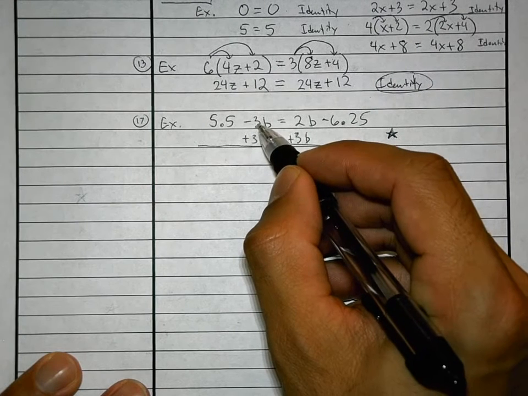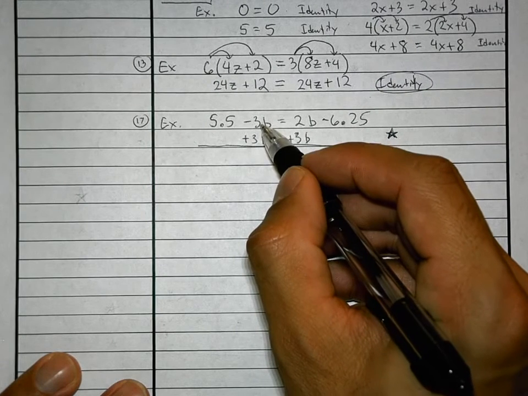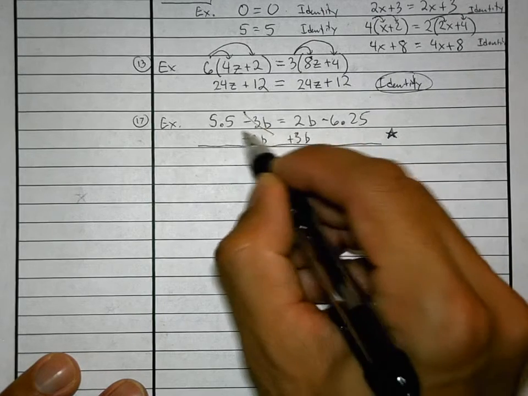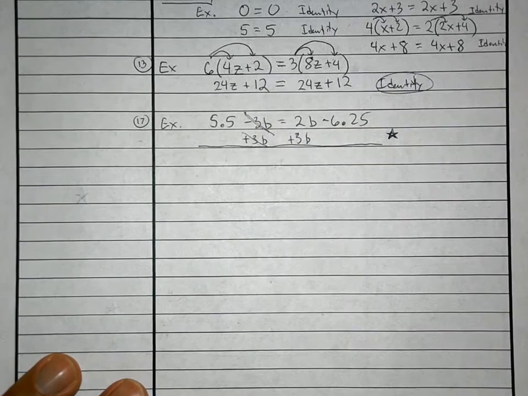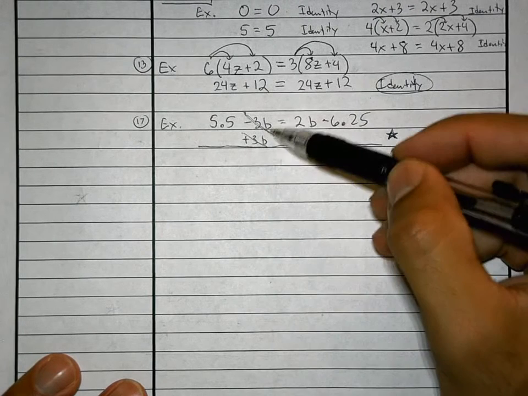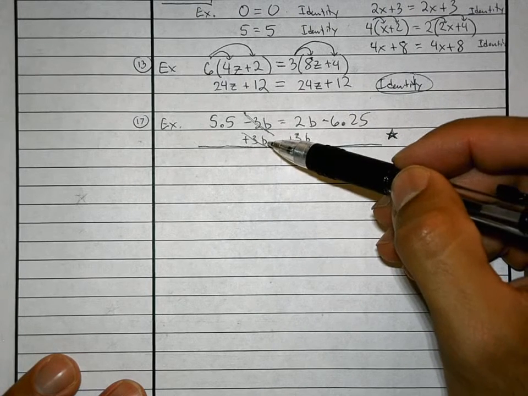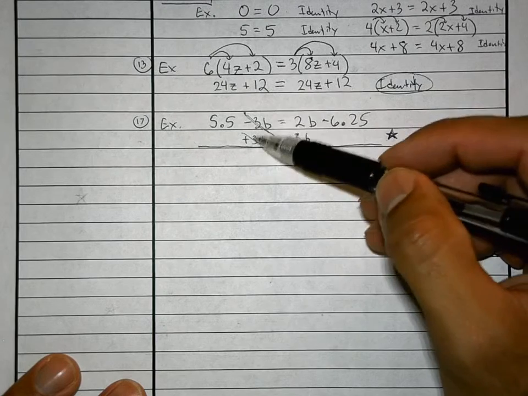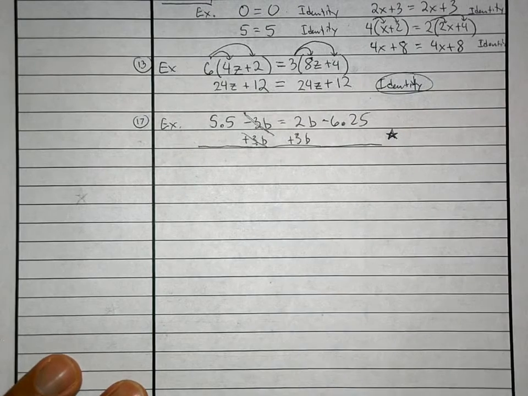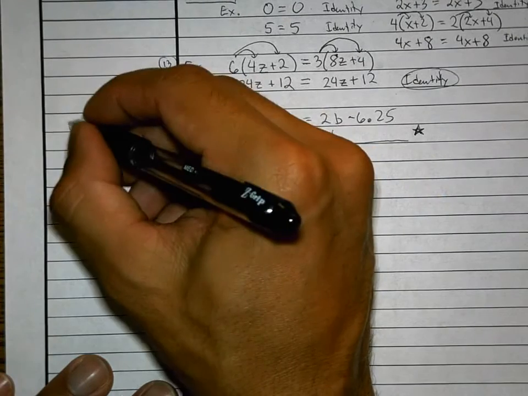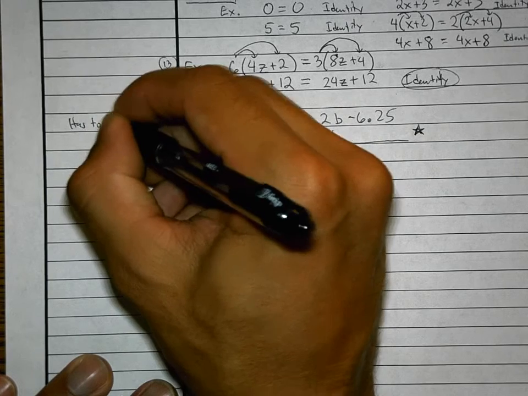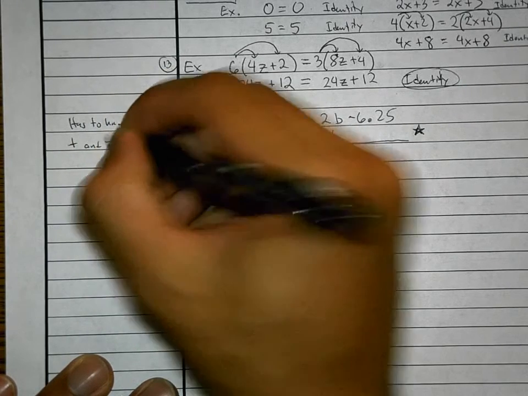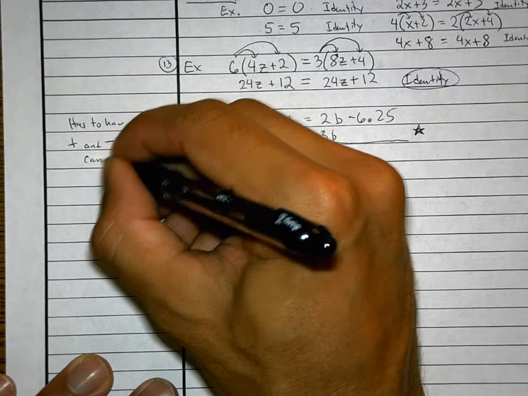Negative 3b, positive 3b. You have to have one that's a negative, one that's a positive for it to cancel out. Earlier as I walked by, I saw two different students have negative 3b, negative 3b. No, wait, those are the same sign. It has to be one positive, one negative for it to cancel out. Let me write that down. Has to have a positive and a negative to cancel out.